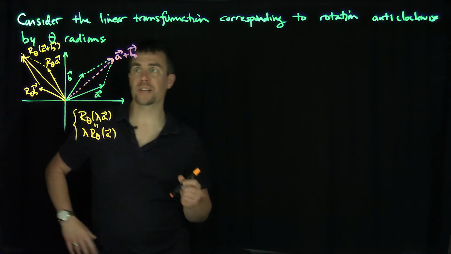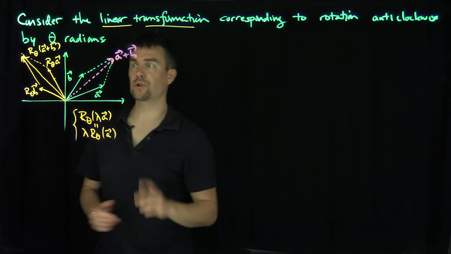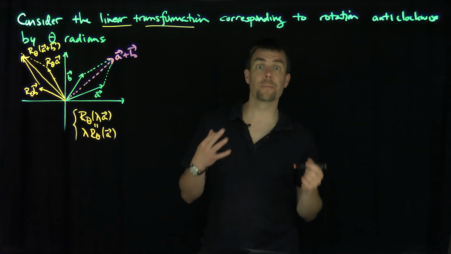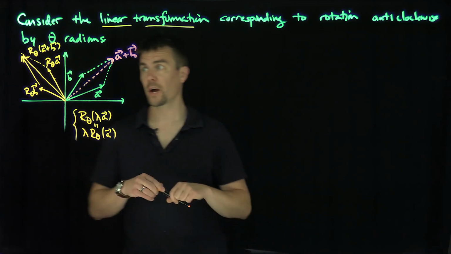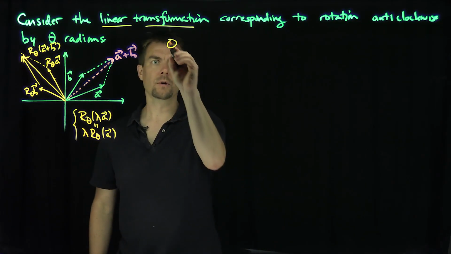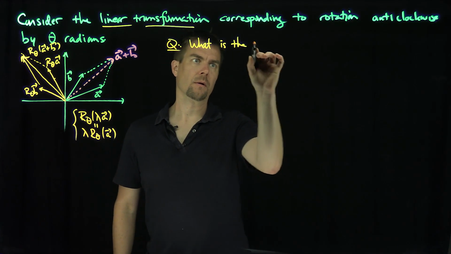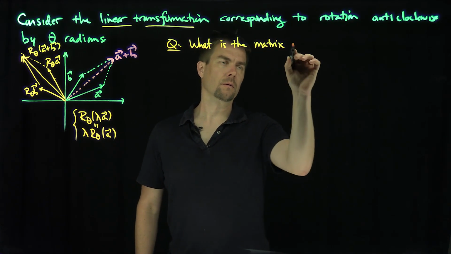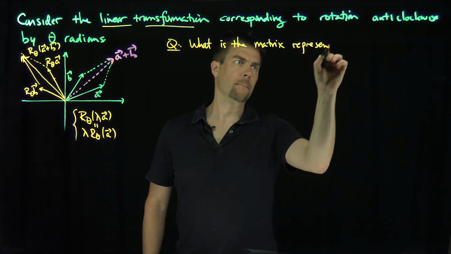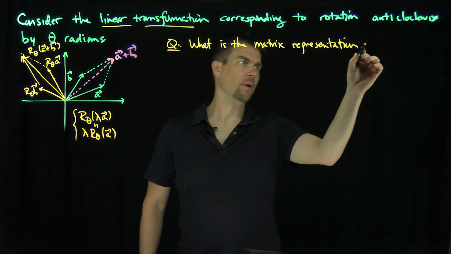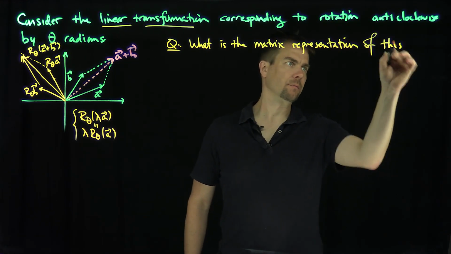In other words, R is indeed a linear transformation. So I would like to figure out what the matrix representation for that linear transformation is. So question, what is the matrix representation of this linear transformation?